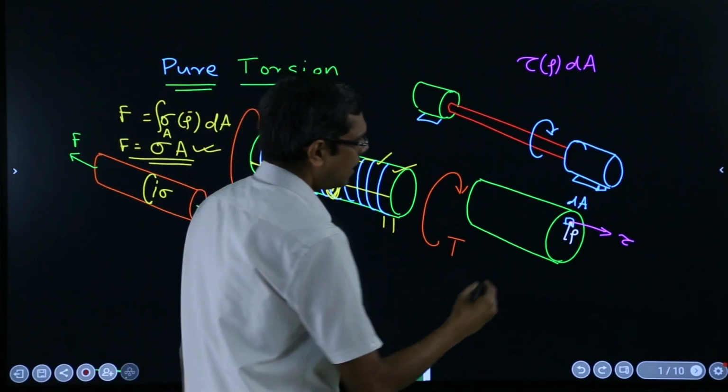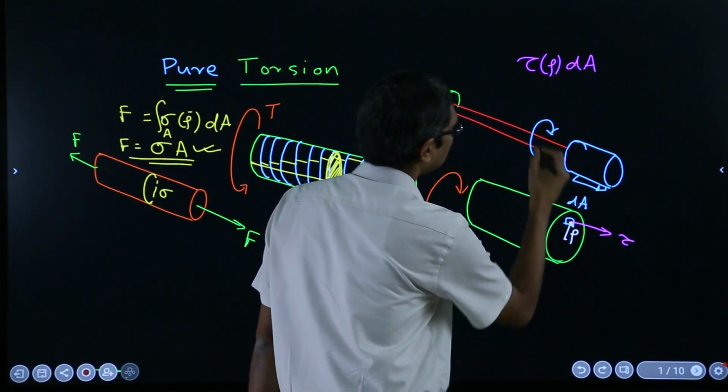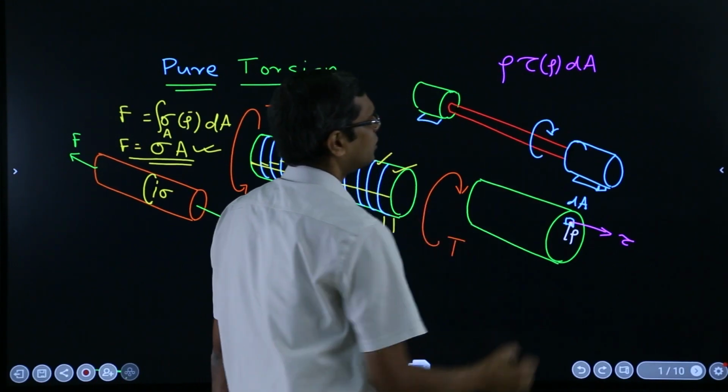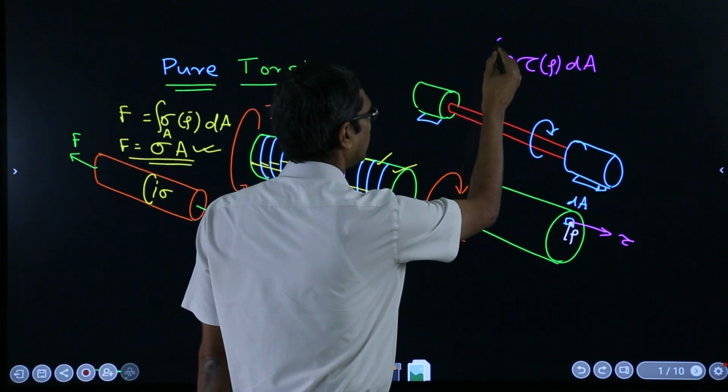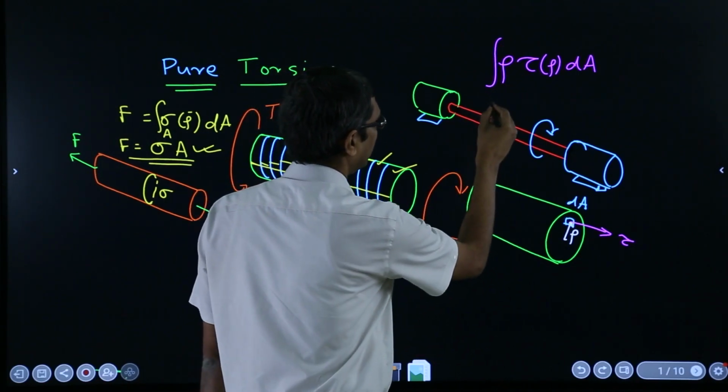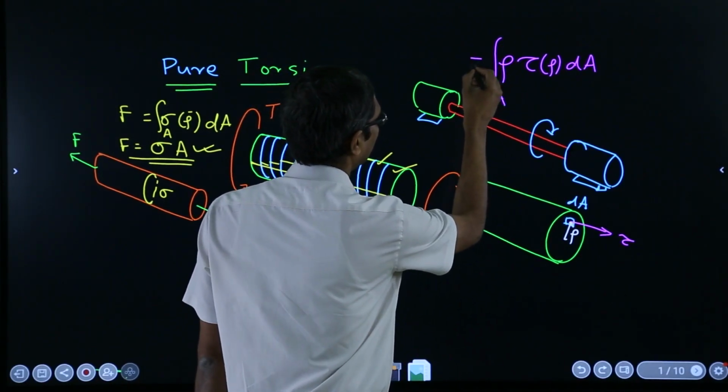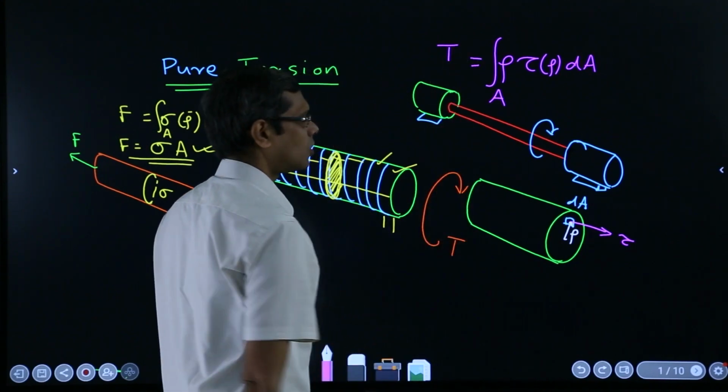Because it is at a distance of rho, if I multiply with rho, I get the moment of that force, and if I sum all these moments over the full cross section, I will get the torque.